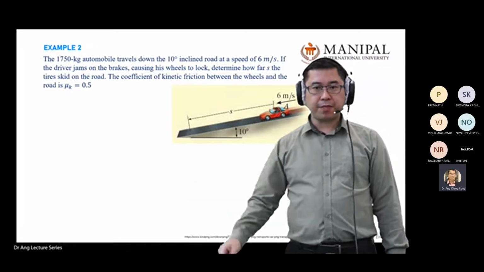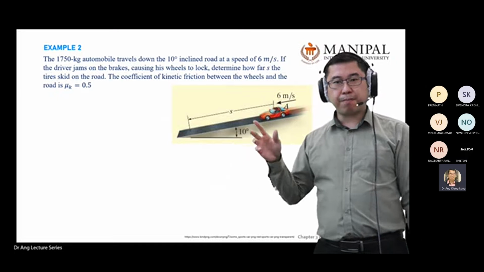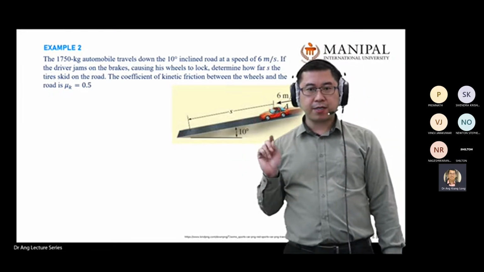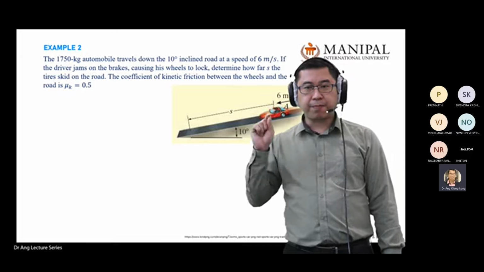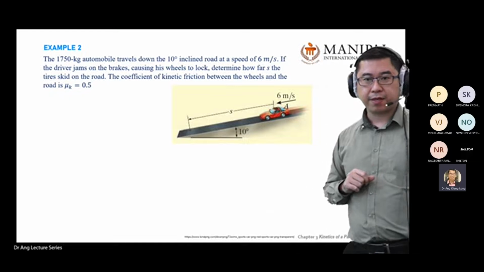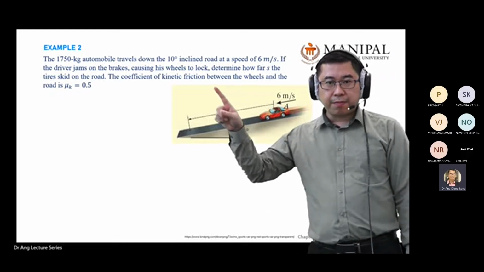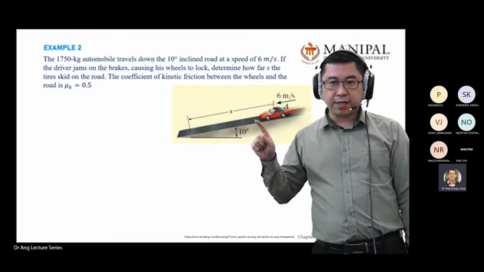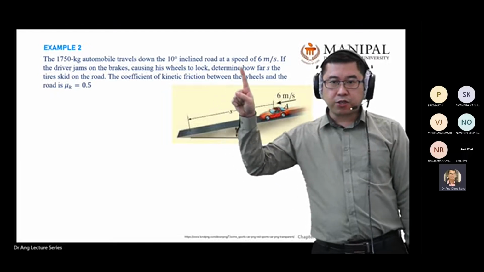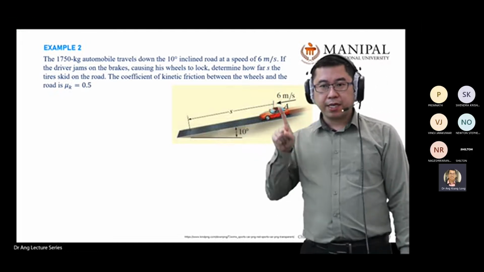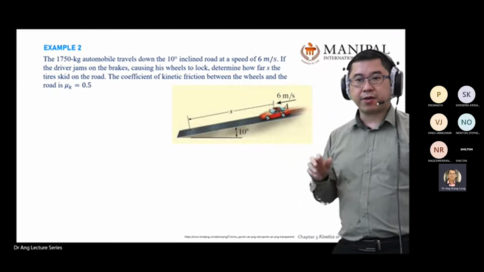You read the statement. The car is not given a weight, but has a mass of 1750 kilograms, traveling down a 10-degree incline road at a speed of 6 meters per second, which agrees with the diagram. It gives you the scenario already.